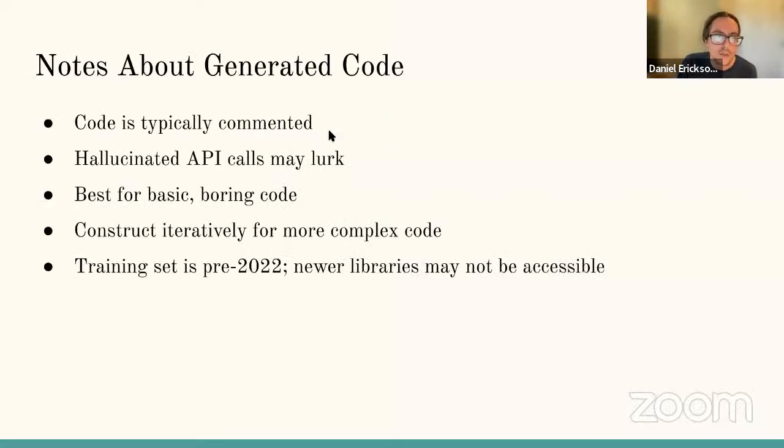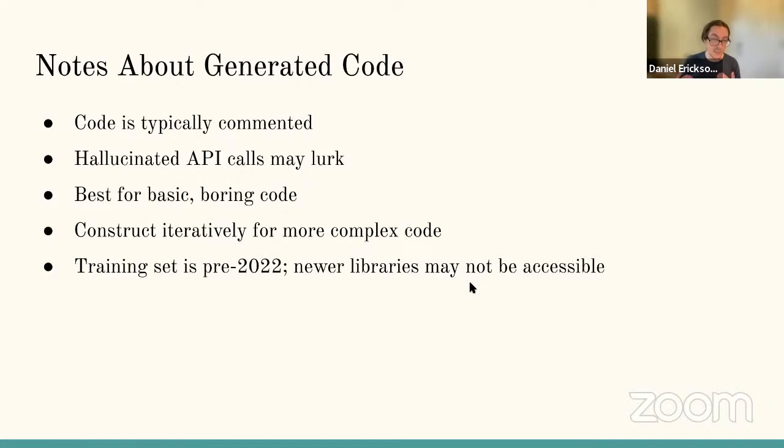All right, so some notes about the generated code. As you probably noticed, it's typically commented and quite readable. So it's nice to look at, it's nice to work with, and it can be changed pretty easily. Hallucinated API calls might lurk. It might end up calling functions that don't exist.